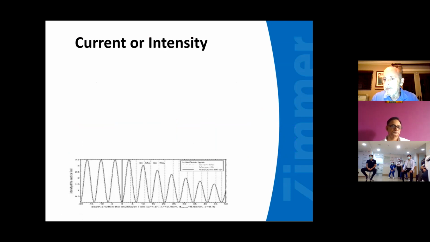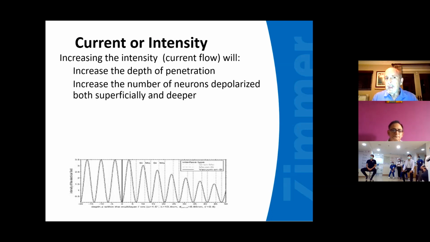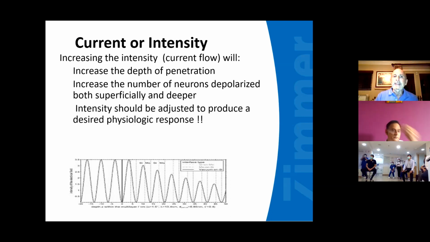But then there's intensity, or our current. If we turn the machine up or increase the intensity, we get an increase or the depth of penetration. It increases the number of neurons to be depolarized, both superficially and deeper, and the intensity should be adjusted to produce the physiological response. Remember, there's muscle re-education and there's pain management.